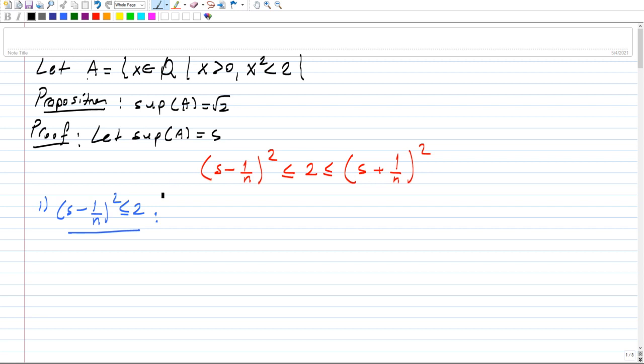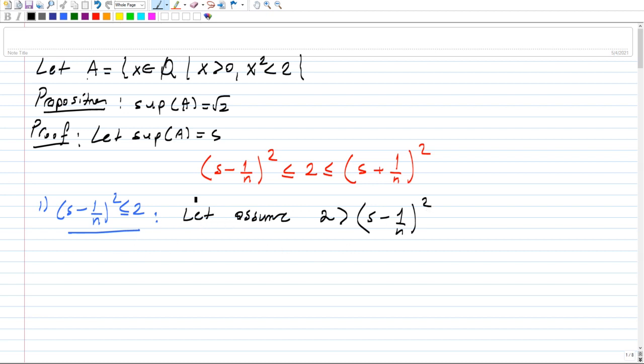Okay, let's assume otherwise. We are going to do it by proof by contradiction. So let's assume 2 is bigger than S square.